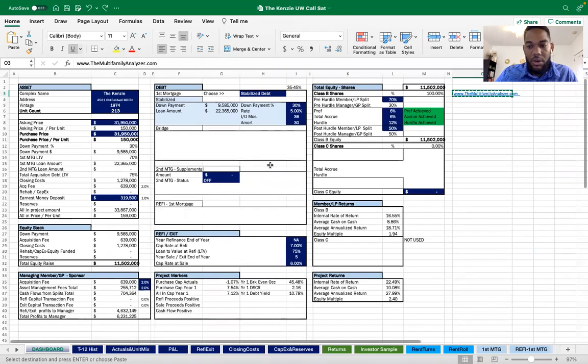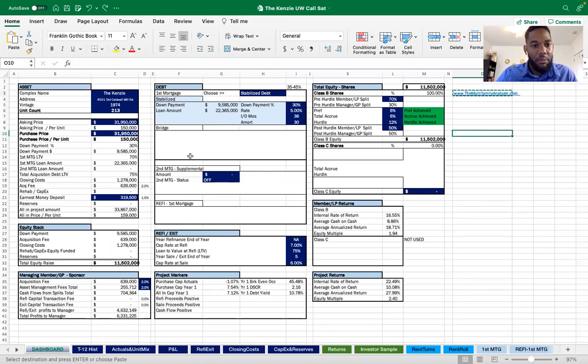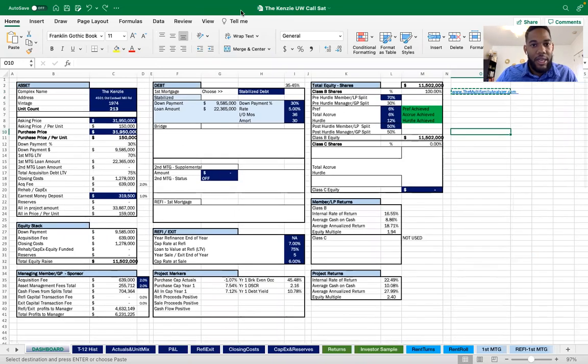So cool. Today we'll be looking at a 213 unit deal in Birmingham, Alabama called the Kenzie. This deal is a 1974 build. It's a 213 unit property, and it's on market. It's listed by Cushman & Wakefield.